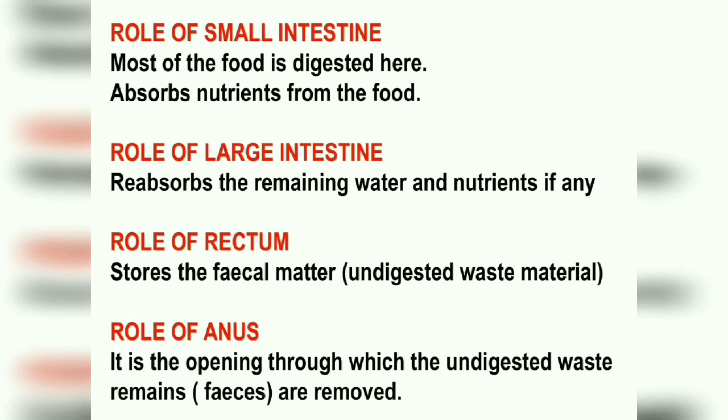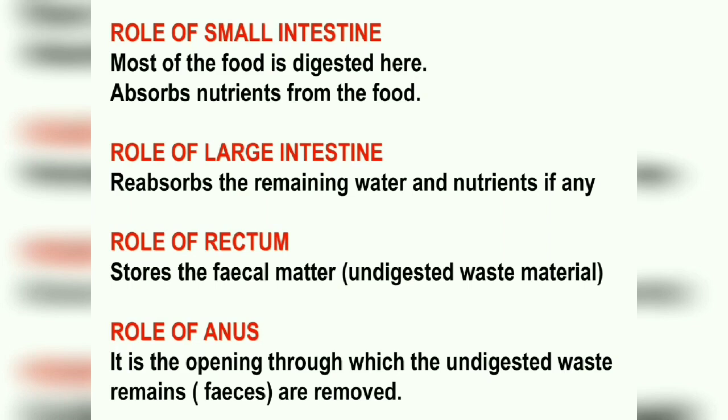It makes a powder-like structure and mixes with the juices. Then food comes to the small intestine, where the food is digested. Most of the digestion takes place in the small intestine, and nutrients are absorbed in the small intestine.